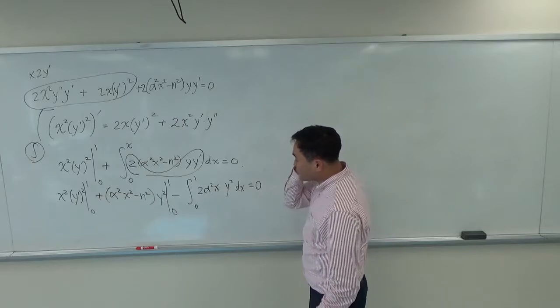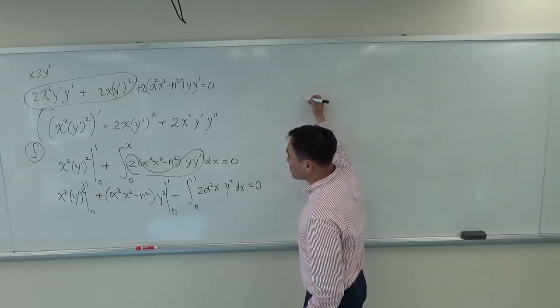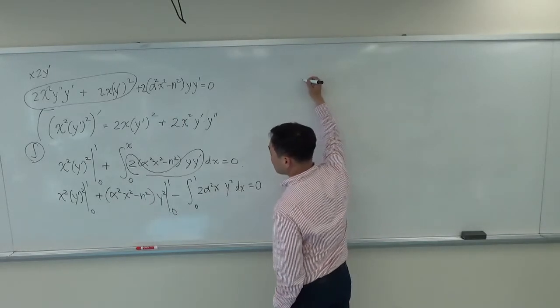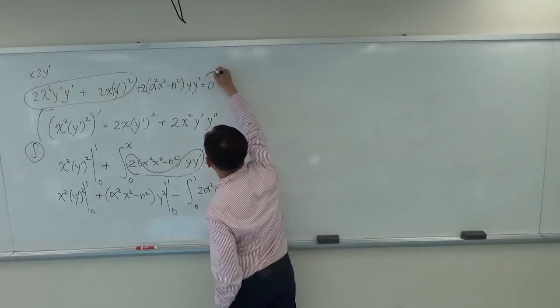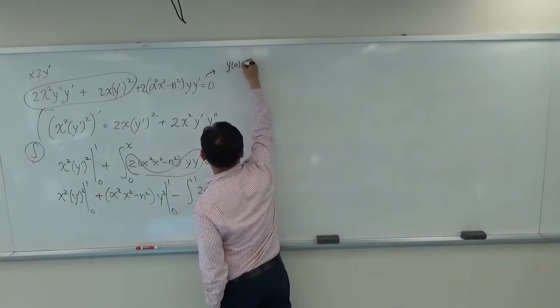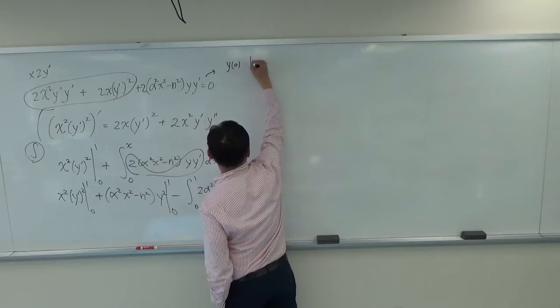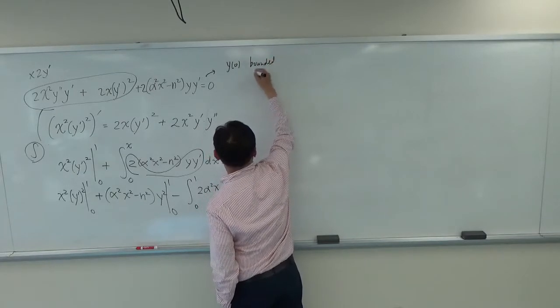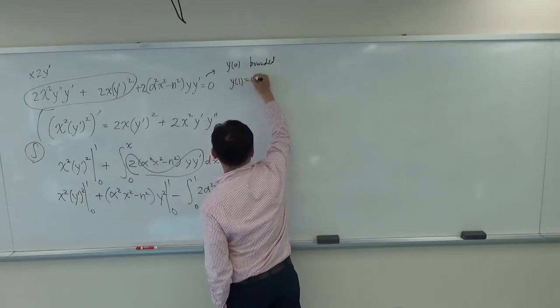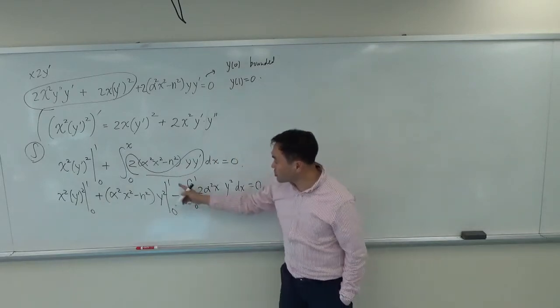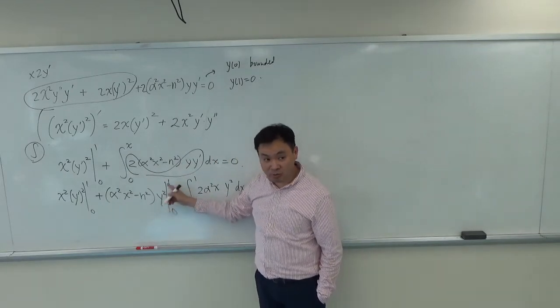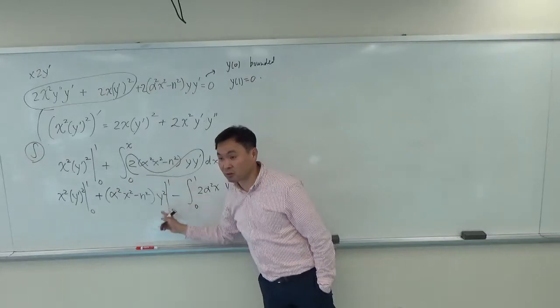Okay, so one thing that you have to know is that the condition for this was that y of 0 is bounded, and then y of 1 is 0, right? So when 1 goes into y squared, you evaluate y at 1, so this becomes 0.